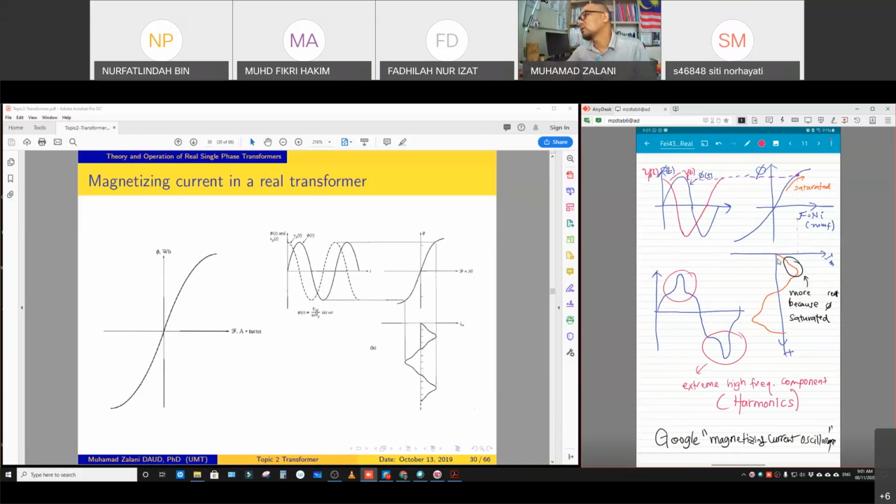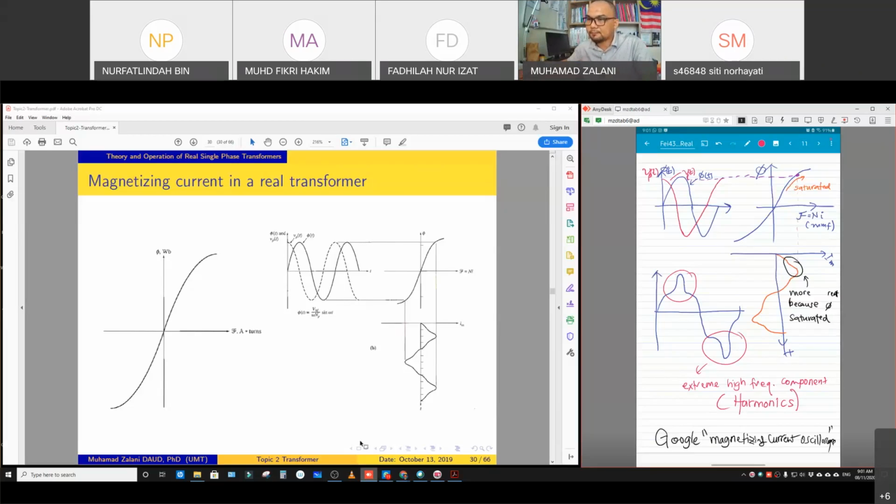If we plot current over time, the current is still a sine function, but at the peak of the current, it produces more current in order to compensate for the saturation that occurs here. So the current pattern will look like this.